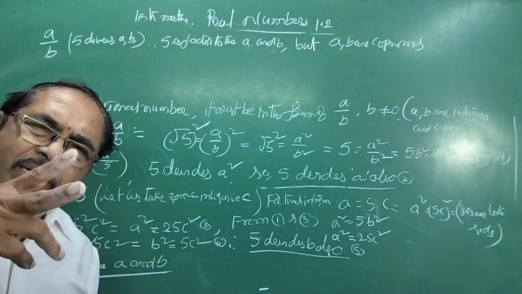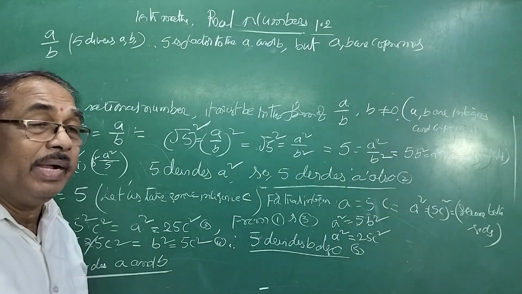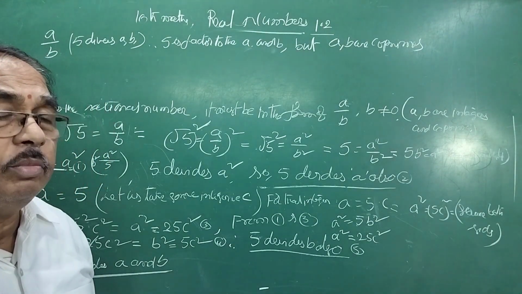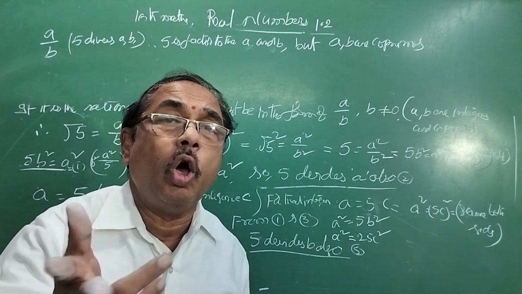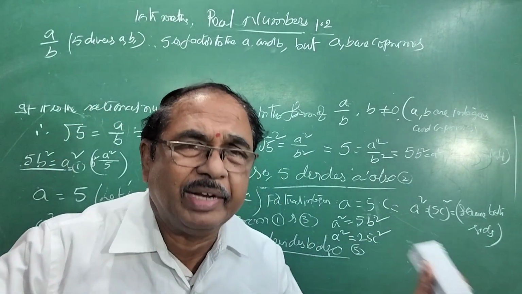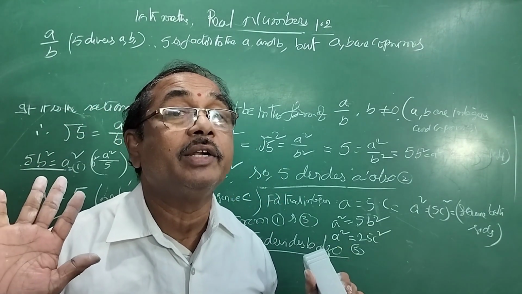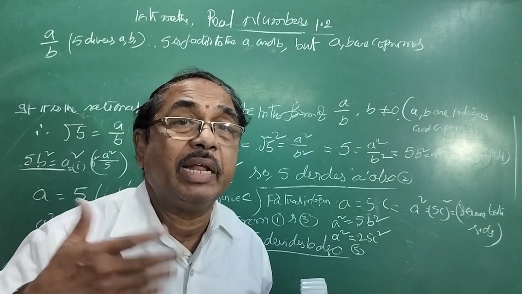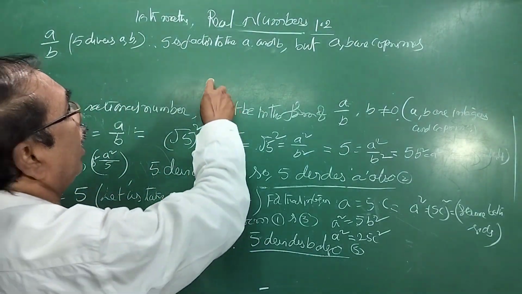5 divides both the numerator and denominator. But here what we assumed: a and b are co-primes. That means for the numerator and denominator no common factor is there. So what happened? Our assumption is wrong.